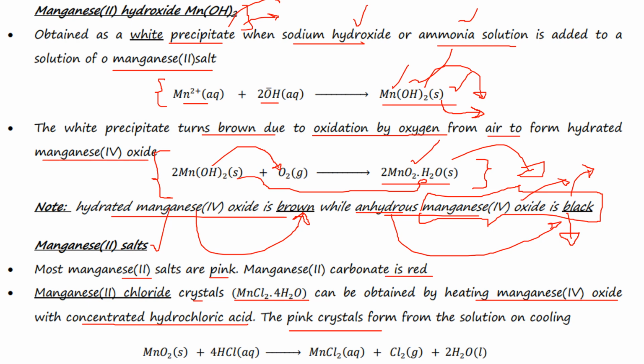And the equation for that is, remember that this equation is the same equation that you studied at O level as a substitute that you can use for preparation of chlorine gas if at all you don't use potassium permanganate.